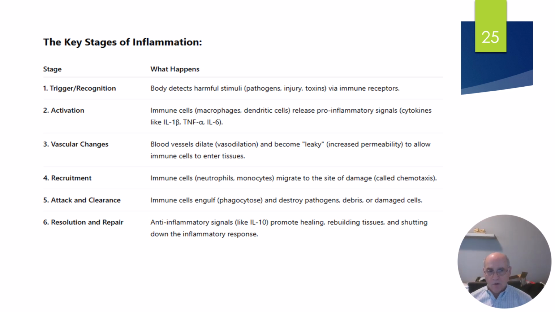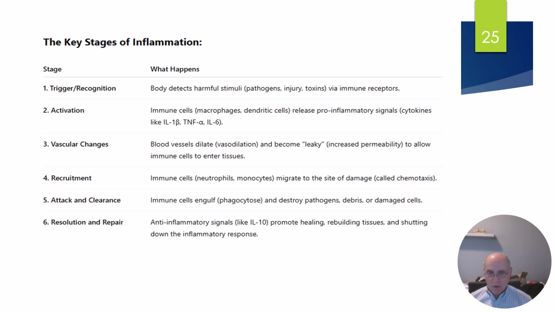So once again, as a review, there's always going to be some kind of trigger, whether it's a pathogen or some type of damage-associated molecular pattern. It's going to activate certain types of immune cells. Initially, neutrophils and macrophages, and I said dendritic cells are these presenters of the information into the lymph nodes, but ultimately you're going to get the release of pro-inflammatory cytokines, this cytokine storm that we know so well as it relates to COVID-19 infections.